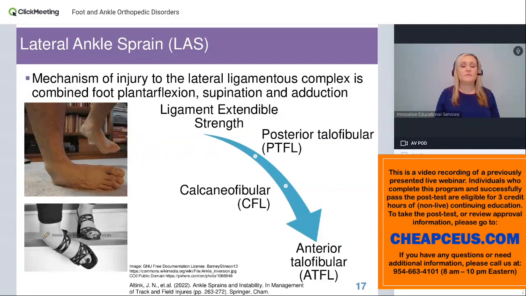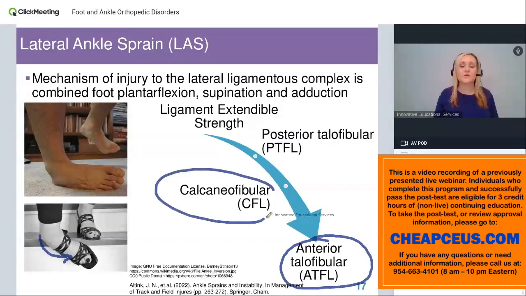They have a misplacement of the foot, or an inappropriate land from a jump or stepping off of a step, where we have that excessive force moving the foot into inversion, damaging that lateral ligamentous complex. Usually, that anterior talofibular ligament is the one that is injured because it is the least extensible and the way the forces are generated.